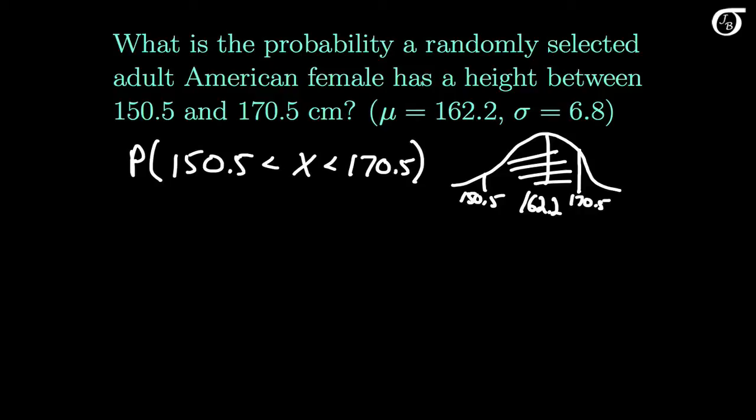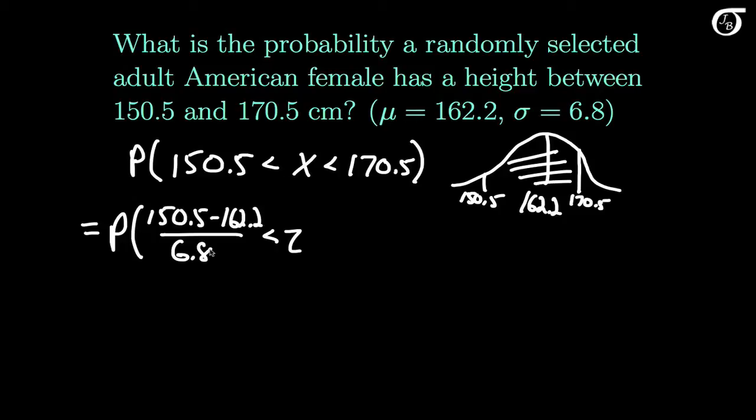Now we're going to standardize by subtracting the mean and dividing by the standard deviation. So this is going to be equal to the probability that the random variable z takes on a value that is greater than 150.5 minus the mean of 162.2 divided by the standard deviation of 6.8, and is less than 170.5 minus the mean of 162.2 divided by the standard deviation of 6.8.